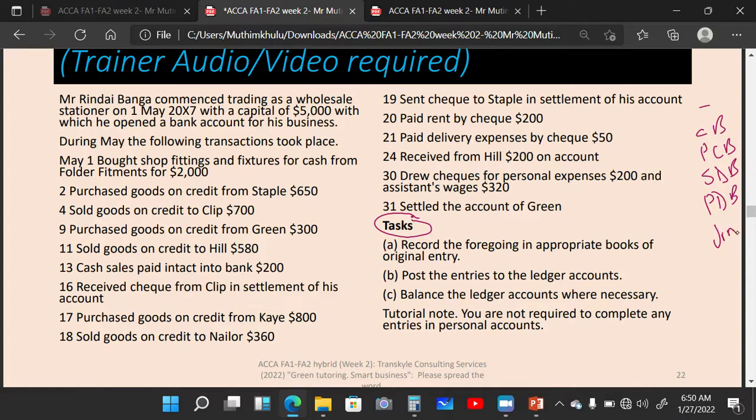Sometimes the SDB and PDB have their own returns day books, so they become the sales returns day book and the purchases returns day book if there were returns made in their respects. So these are the books of original entry or prime entry. All right, now let's move on.